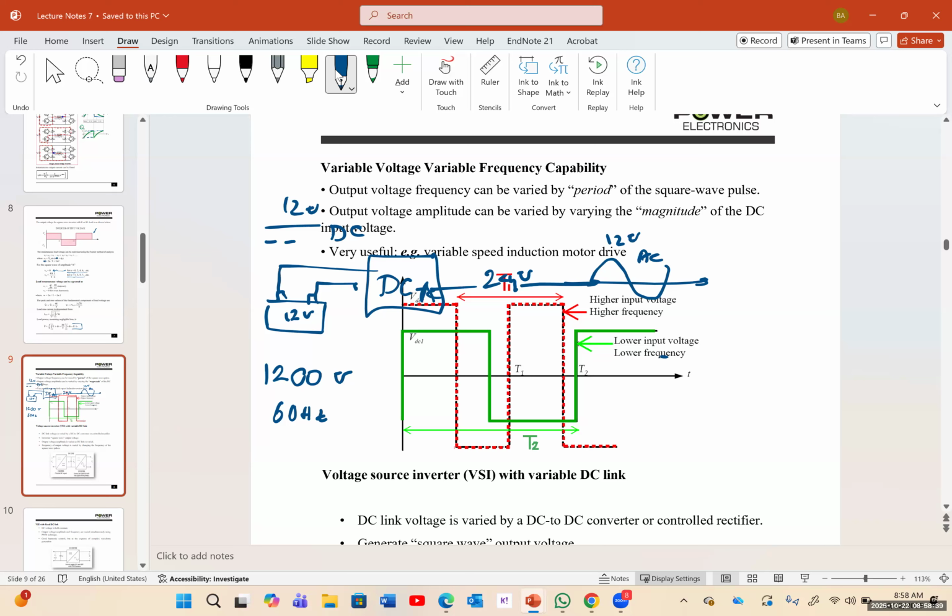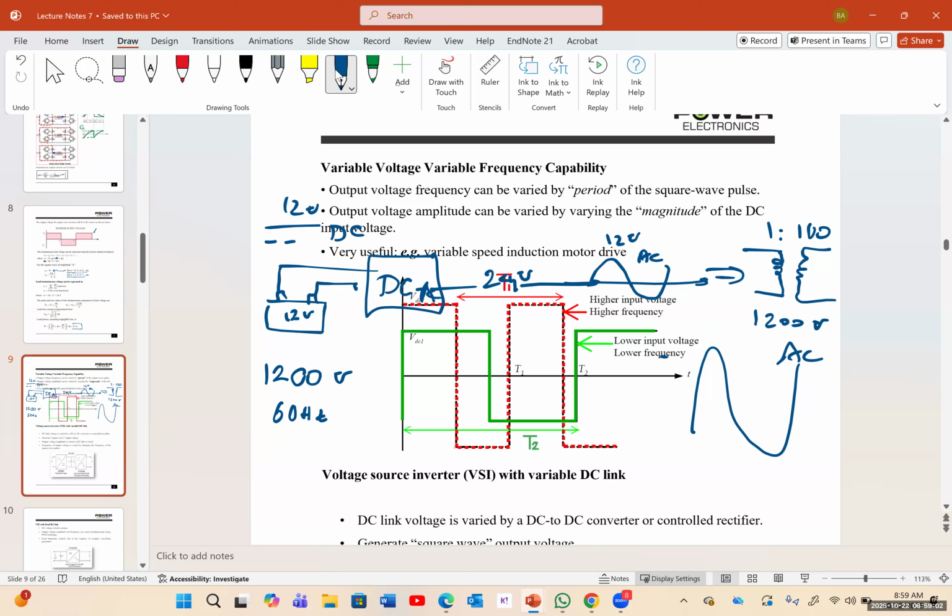Now the easier way to do that is simply run this through a transformer. And the transformer is 1 to 100. And then I would have a 1200 volt AC in the output, okay? Transformer is cheaper, but you need more space for a transformer.